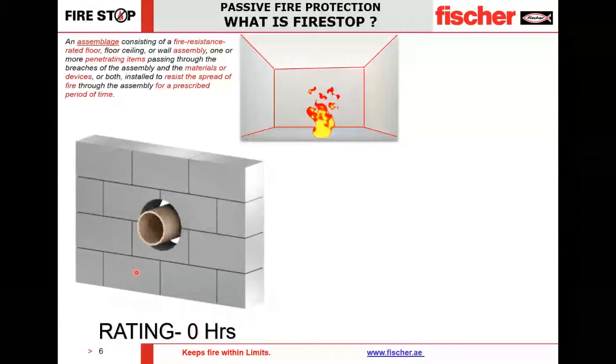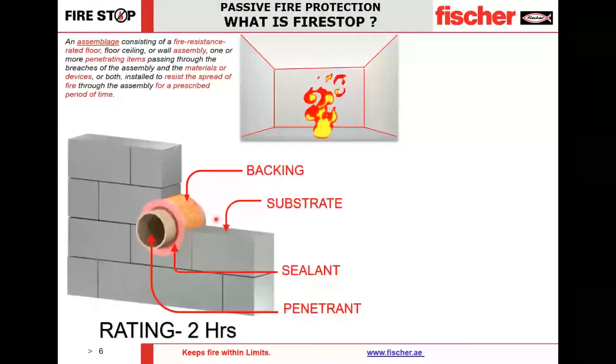Now we should remember FIRESTOP is always a system, and the rating is given to an overall system which includes the substrate, the penetrant, the backing material, and the Fischer FIRESTOP sealant. The sealant on its own does not have a resistance rating. So we will look a little more at resistance as well as reaction in the upcoming slides.